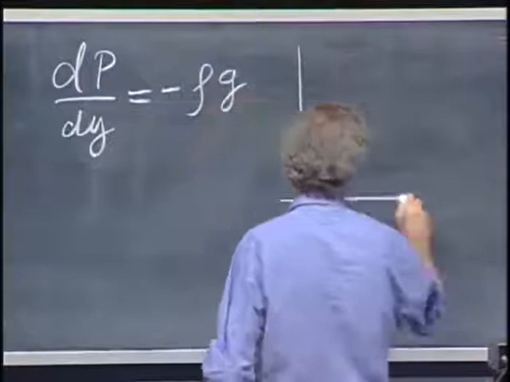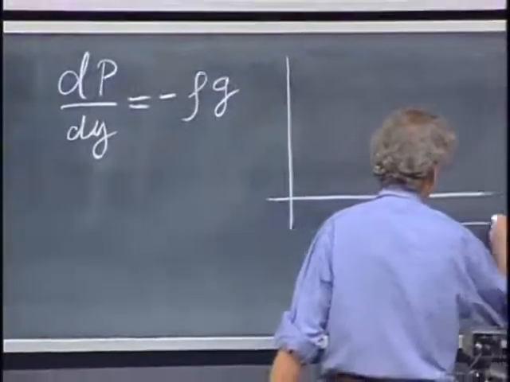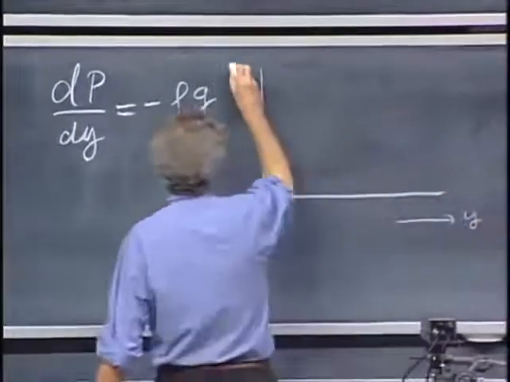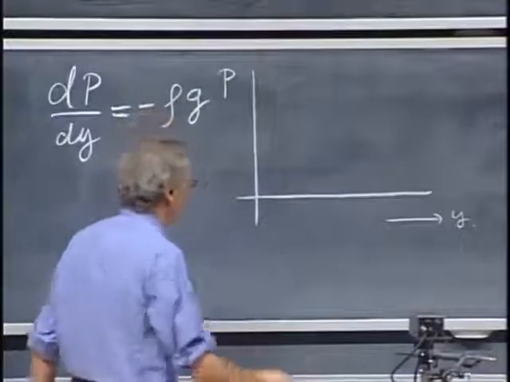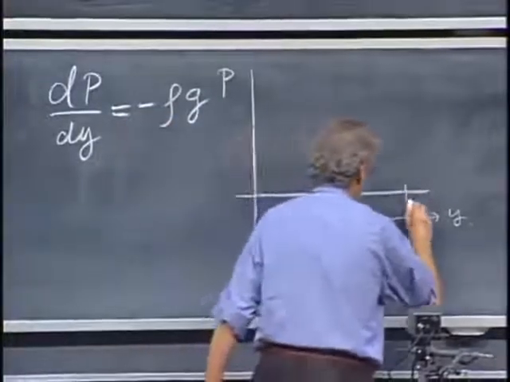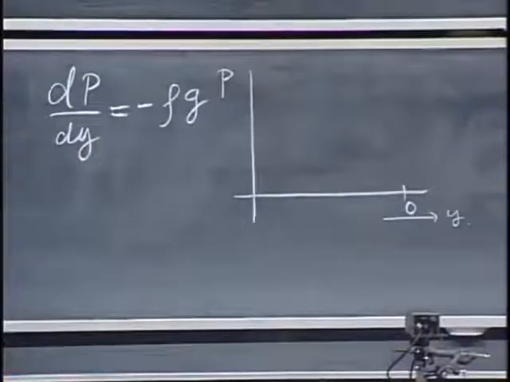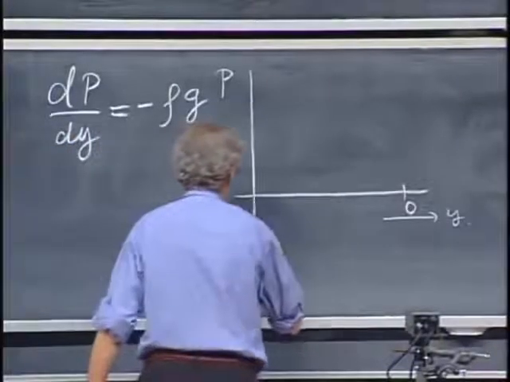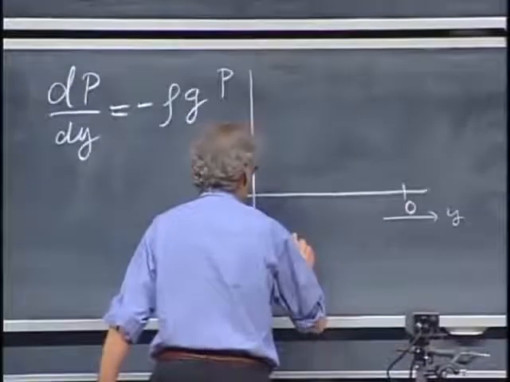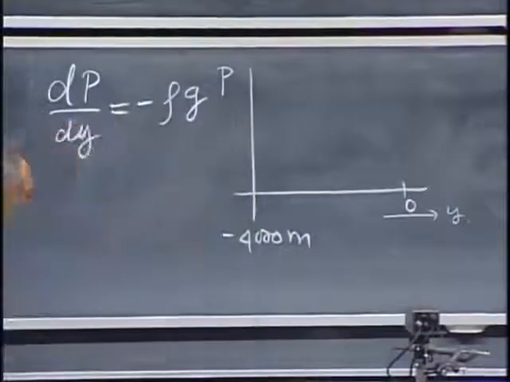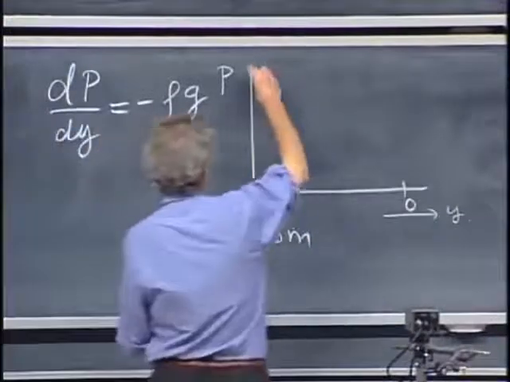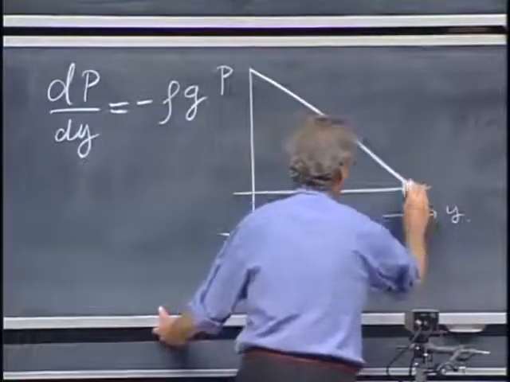You get a linear relation between P and y. So if I have here y, and I have here hydrostatic pressure, and let this be the y0, that is the sea level, I call that 0, and let this be minus 4,000 meters lower, then the pressure just goes like this.